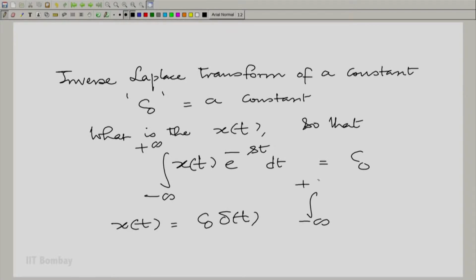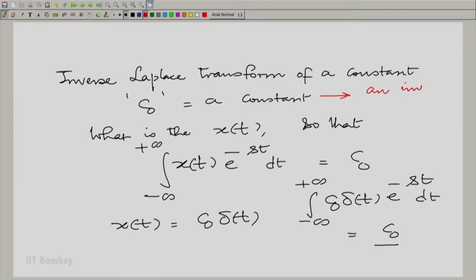Indeed, the integral of C0 delta(t) times e raised to the power minus st dt is simply C0. So, the inverse Laplace transform of a constant is very easy, just an impulse at t equal to 0 with strength equal to C0.